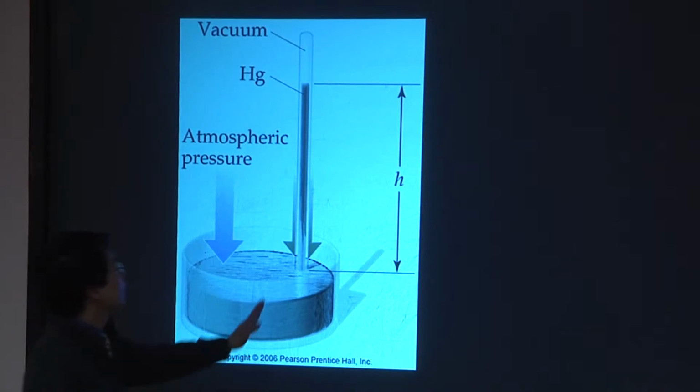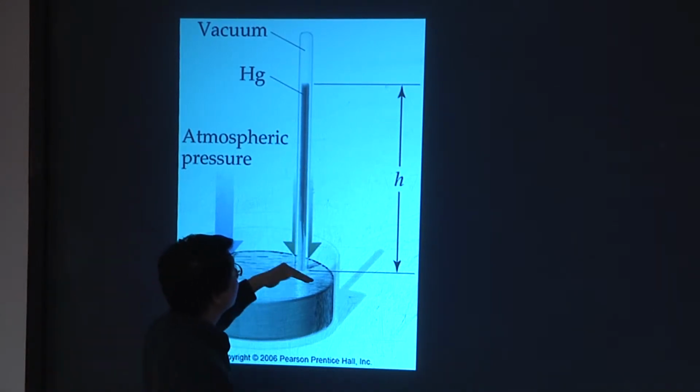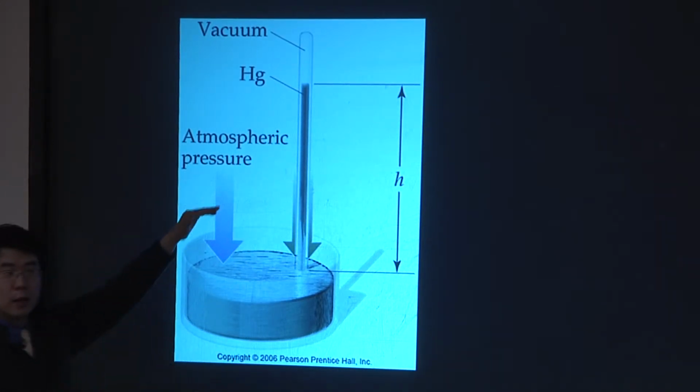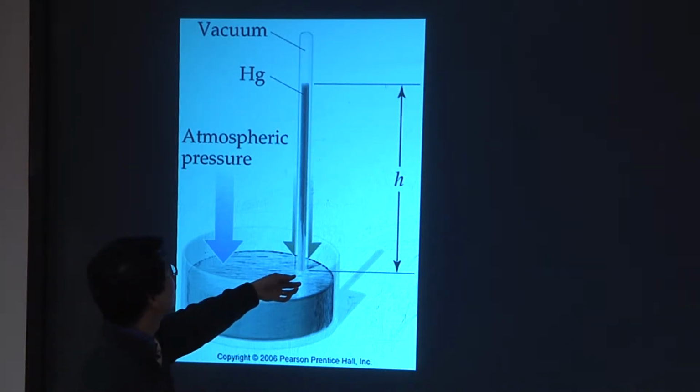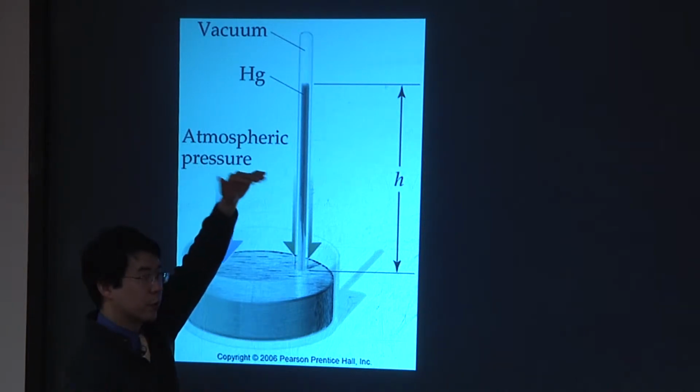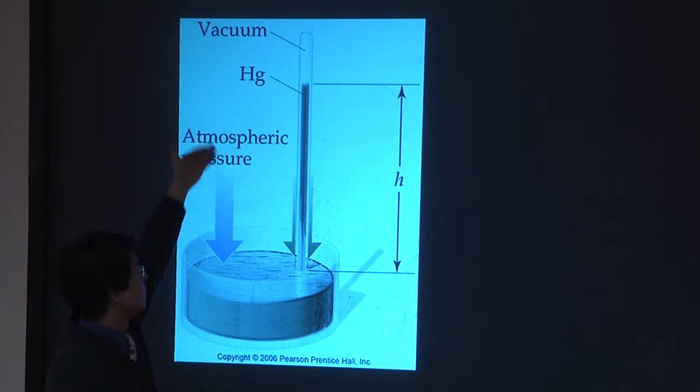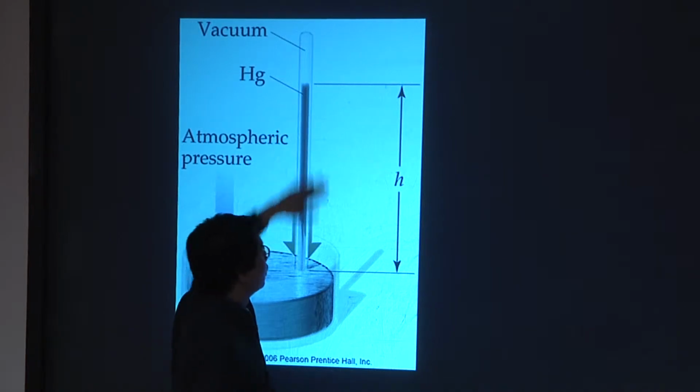Right? And when it went up the tube, it would reach a certain height. And it would reach that height regardless of how big the pool of mercury was, or, to the first approximation, how wide the tube was, or how long the tube was. If it was longer, there would just be more empty space at the top. That height was always the same.